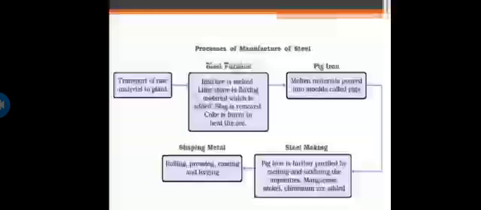Then molten materials are poured into molds called as pig iron. Okay, then pig iron is further purified by melting and oxidizing the impurities. Manganese, nickel, chromium are added. Then rolling, pressing, casting and forging are done. After this it is transported to the market. So this is a small process of manufacture of steel.